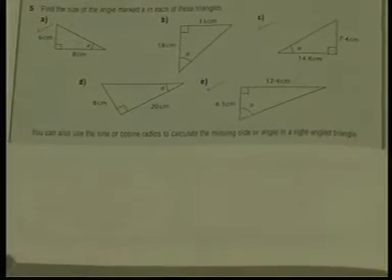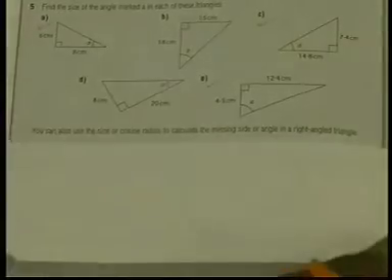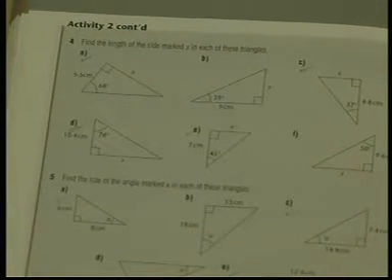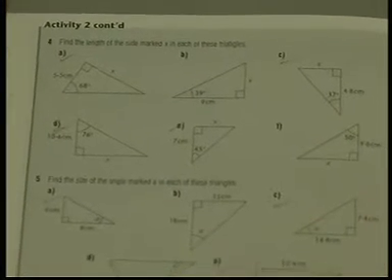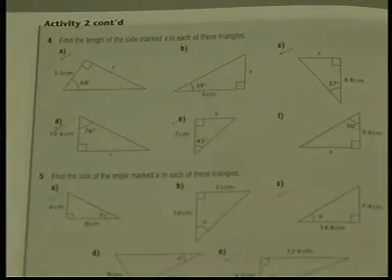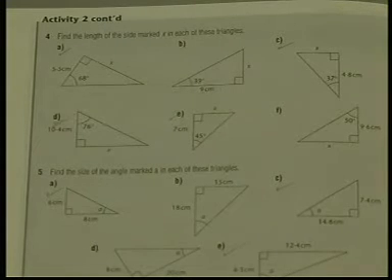We will then look at activity 2 continued, which is page 258. Find the length of the side marked X in each of these triangles.